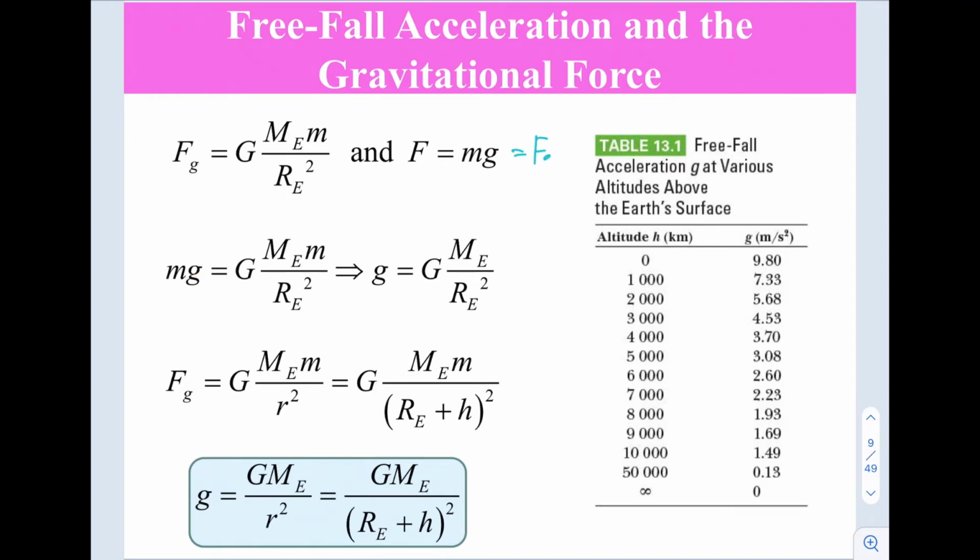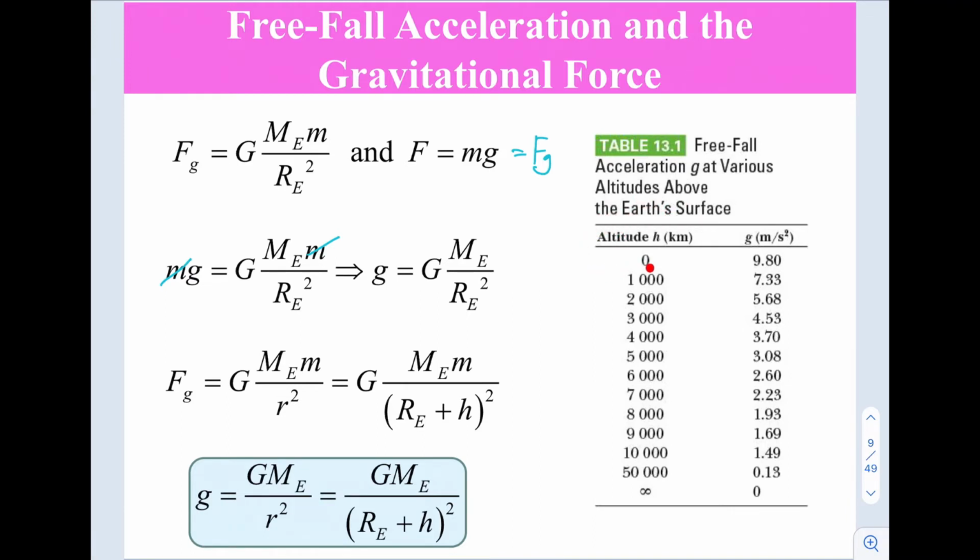So the F here is also equivalent to Fg, so we can cancel out the m here. We are left with the gravitational acceleration or free fall acceleration on the surface of the earth. The g is equivalent to capital G, mass of the earth, over the radius of the earth squared. This is the one that gives us 9.8.